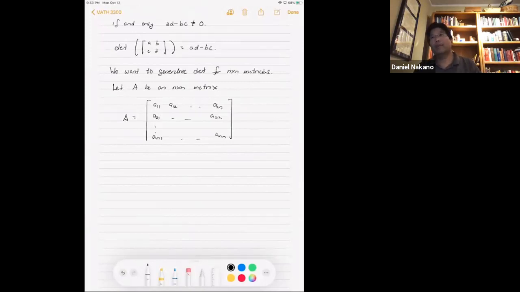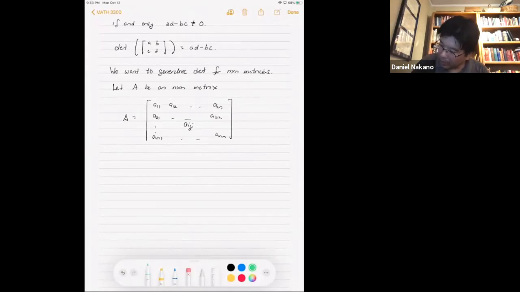Now, if I pick an entry out of the matrix, then I can take out, let's say, the ith row and the jth column. So let's say I have an entry aij here. Then I want to get a matrix by taking out the ith row and the jth column.